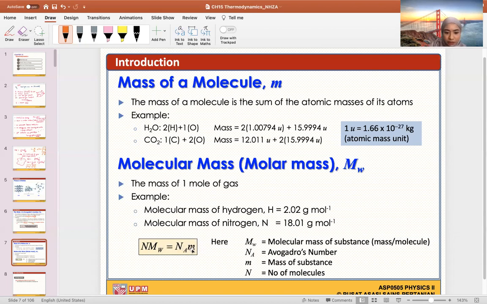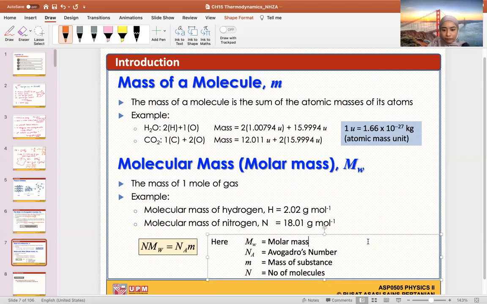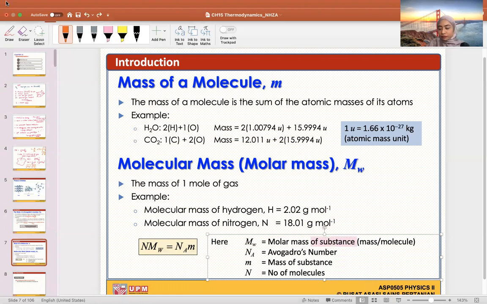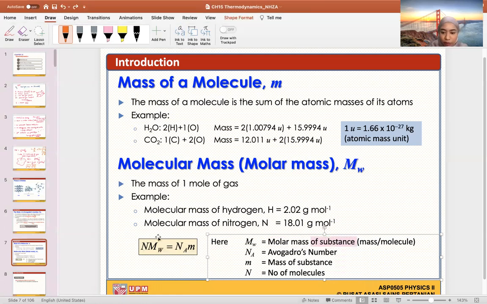And NA times mass gives you the molecular weight of 1 mole, the molar mass. Okay, so molar mass times, that's right, I made a mistake earlier. So number of molecules times the mass per molecule will give you the molar mass. This is molar mass.